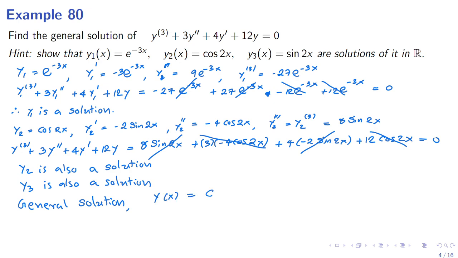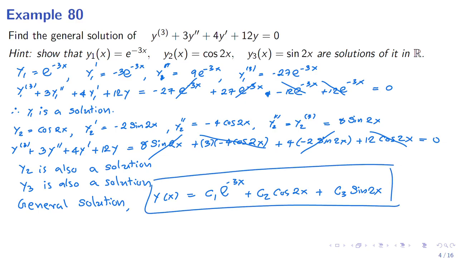That is, let's say, c1 times e to the minus 3x plus c2 times cosine 2x plus c3 times sine 2x. So that is the general solution. And one can also show that these three functions are linearly independent.